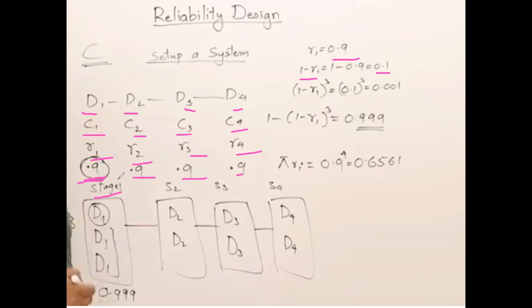Suppose if we have 3 devices, 0.001. Okay, it is the probability of failure. What is the success? That is 1 minus 0.001. So that is the maximum reliability of 3 devices, that is 0.999.